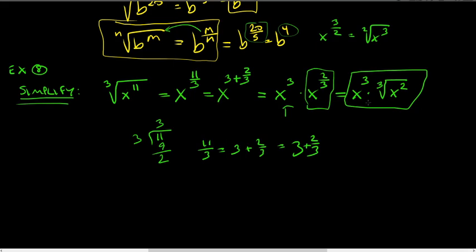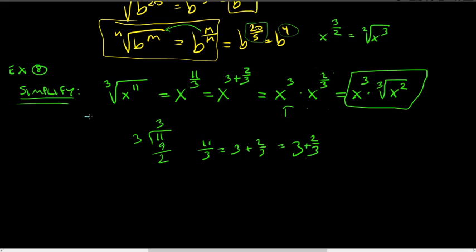Hang on, let me see if I can erase all this. This is not the answer, I was just highlighting it. The answer is x cubed times the cube root of x squared.